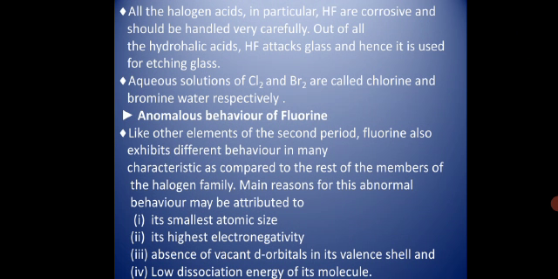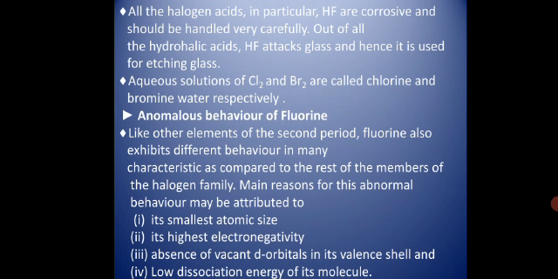Pseudo halide ions are CN-, OCN-, SCN-, SeCN-. And the pseudo halogens are cyanogen, (CN)2, that is CN-CN; oxycyanogen, (OCN)2, that is OCN-OCN; thiocyanogen, (SCN)2; and selenocyanogen, (SeCN)2, which comes from selenium.